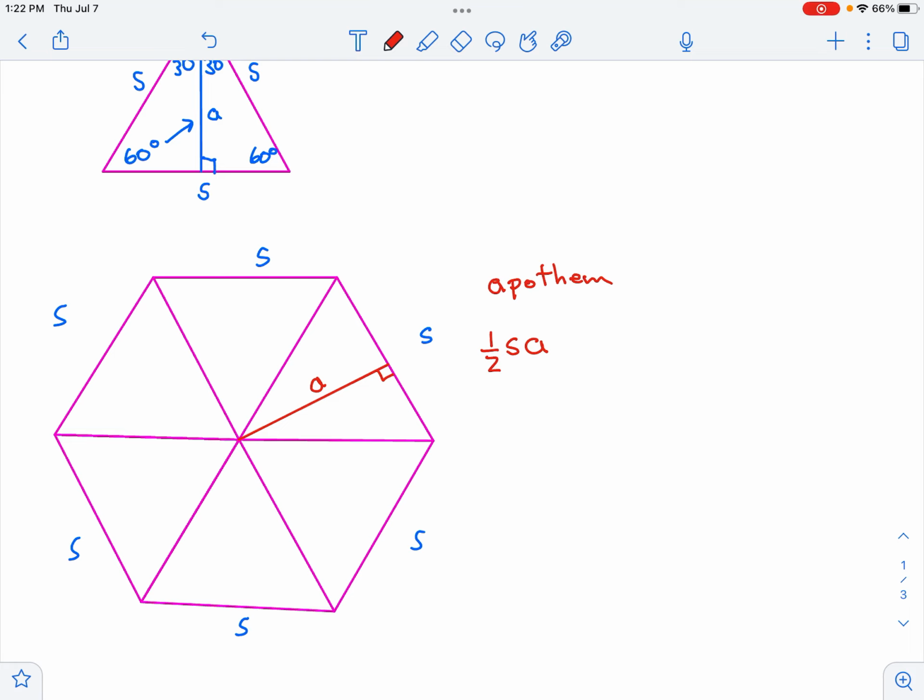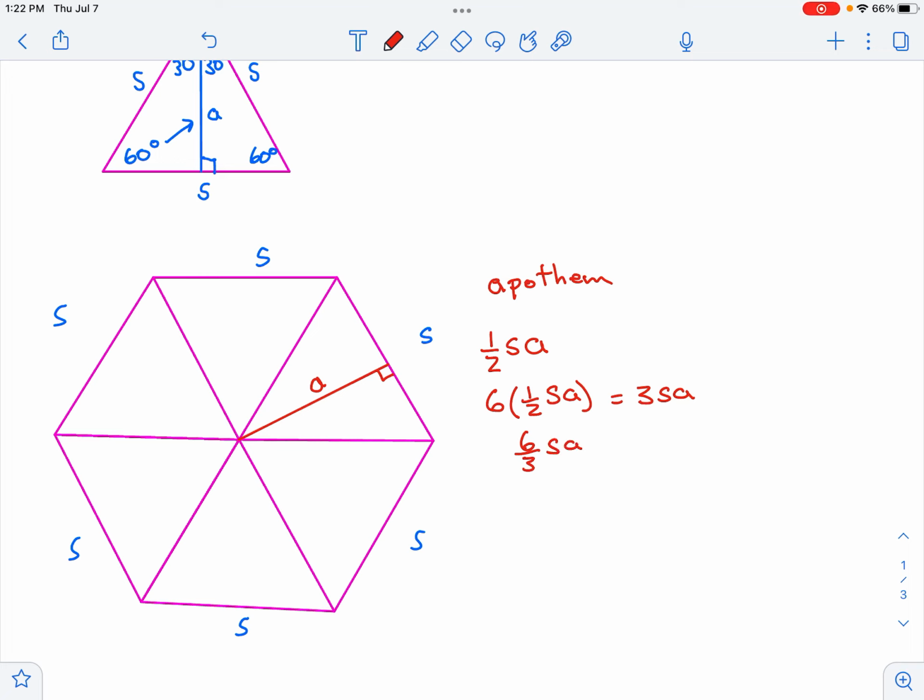Now there are 6 of these, so let me multiply by 6. And let's see what I get here. I get 3 times SA. In other words, I get 6 over 2 SA.